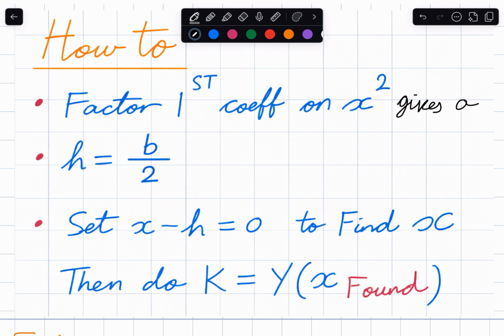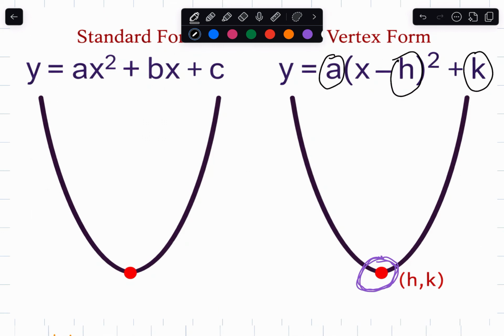After we find our x, we can find our corresponding y value, which is k, by plugging the x that we found into the quadratic function. And we can see here that our x is our h, and our y is our k. So they are coordinates on the graph itself.